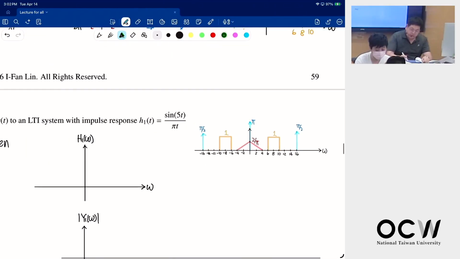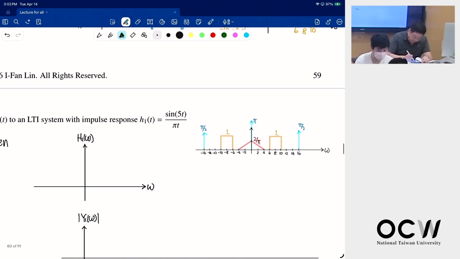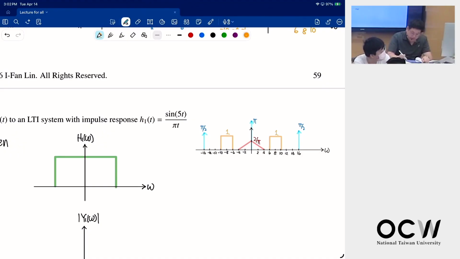The width is from -5 to 5, with magnitude 1.